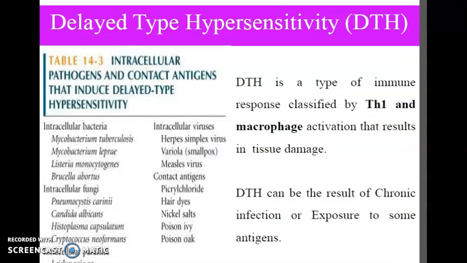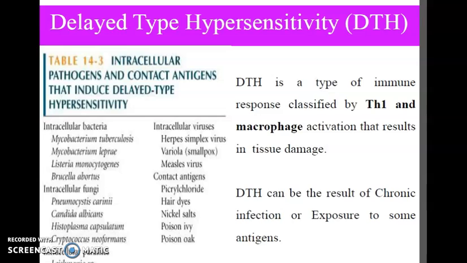DTH, or delayed type hypersensitivity, is a type of immune response characterized by Th1 and macrophage activation that results in tissue damage. DTH can be the result of chronic infection or exposure to some antigens. Some of the intracellular pathogens that induce delayed type hypersensitivity include Mycobacterium tuberculosis, Mycobacterium leprae, Listeria monocytogenes, and fungi.